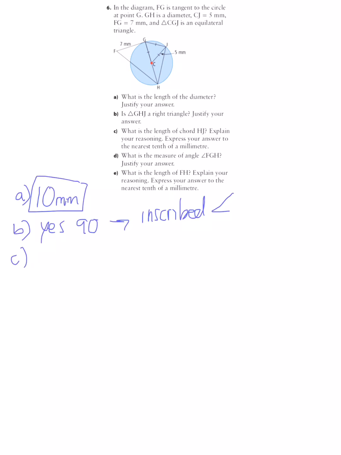Part C, what is the length of chord HJ? Explain your reasoning. Okay, well, let's see. HJ, so we're trying to find this guy here. Well, we know that angle is 90, and we know the diameter is 10, so basically we have another triangle here, right? Let's draw it better.